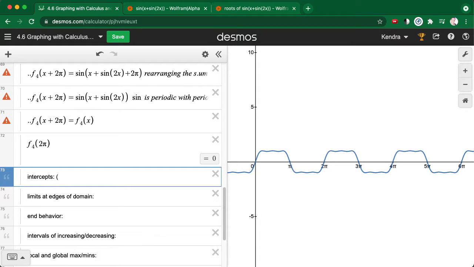So I'm going to say n pi, 0, where n is any integer. And it is not multiples of 2 pi, it is all integer multiples of pi.